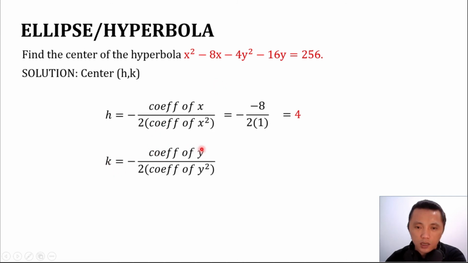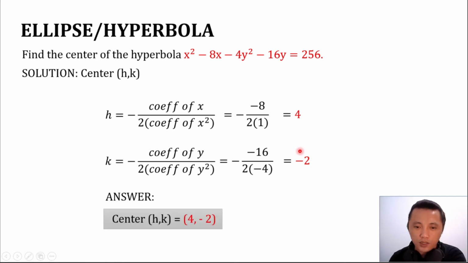For k, this is y and this is y squared. So you have negative 16, the coefficient of y, all over 2 times negative 4. So this is negative 2. So the answer is (4, negative 2).